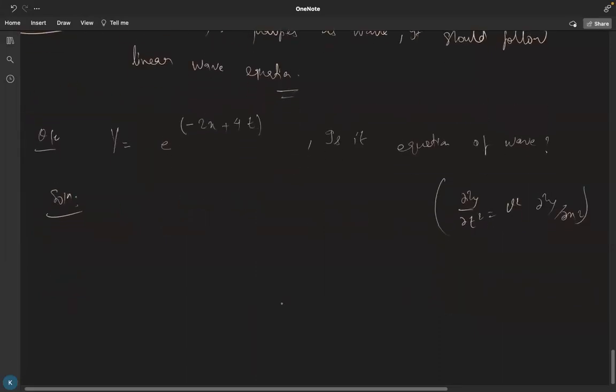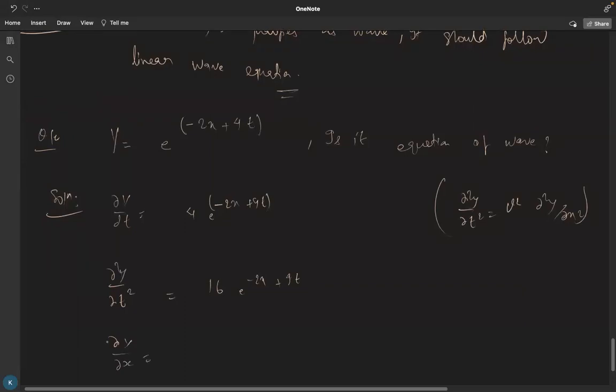The first thing to do is ∂y/∂t. When you do so, what do we get? 4e^(-2x+4t). Again differentiate, so ∂²y/∂t² equals 16e^(-2x+4t). Now, ∂y/∂x equals -2e^(-2x+4t).